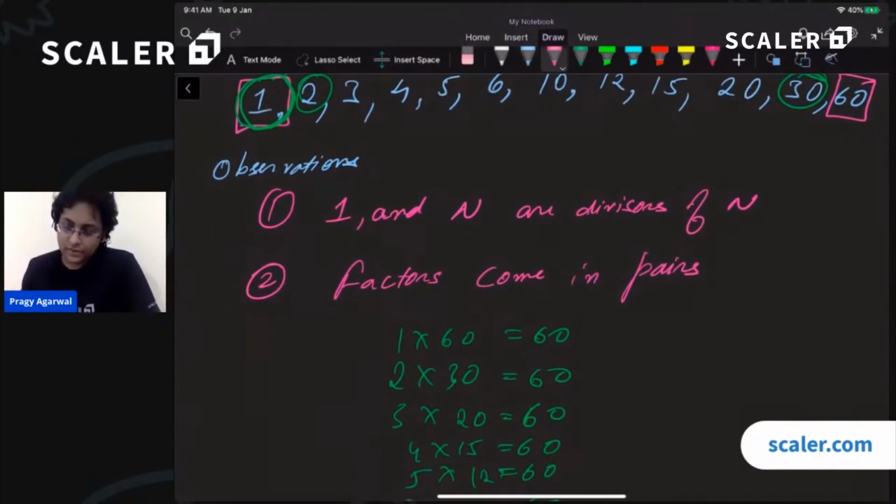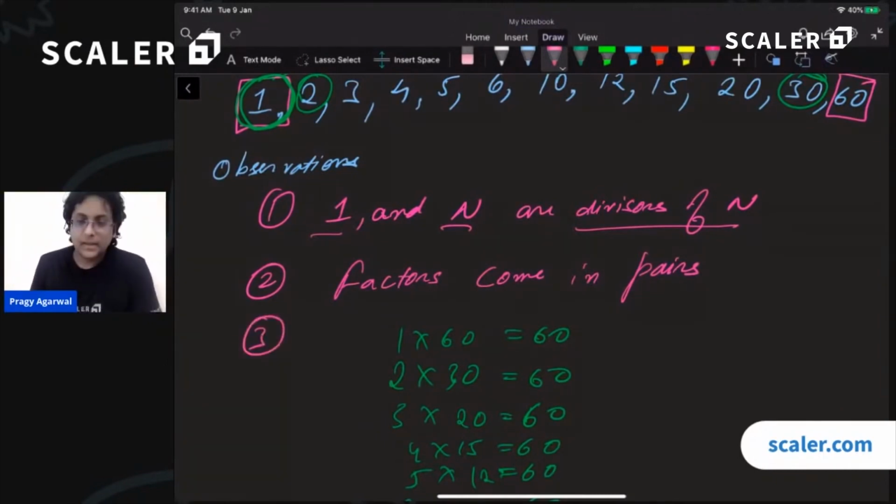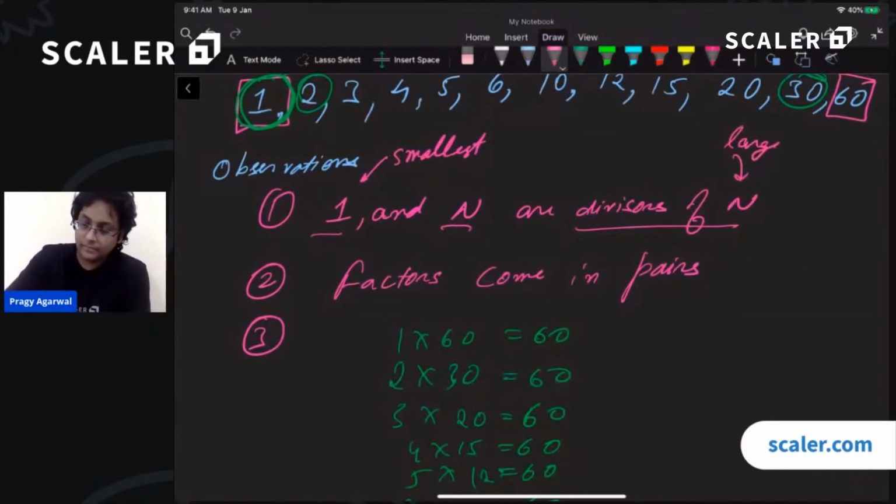The first observation was that 1 and n are divisors of n. There is one hidden observation over here. Let me mark this as the third observation: there are no divisors that are less than 1, and there are no divisors that are greater than n. So 1 is the smallest divisor and n is the largest divisor.